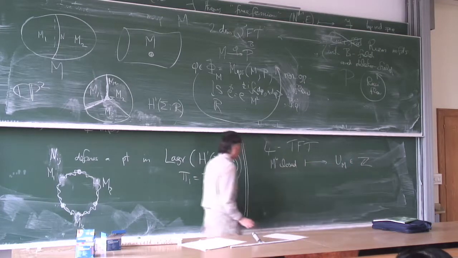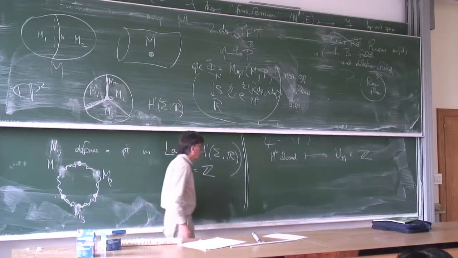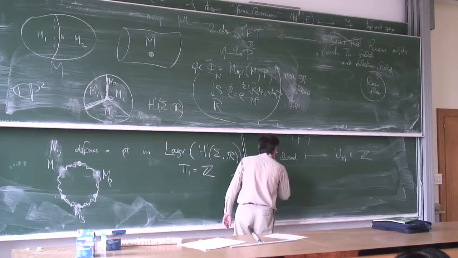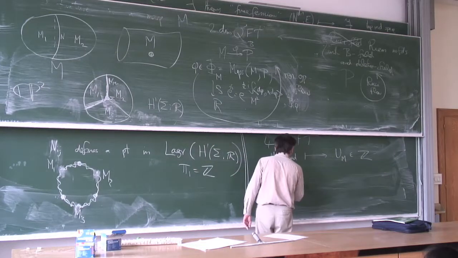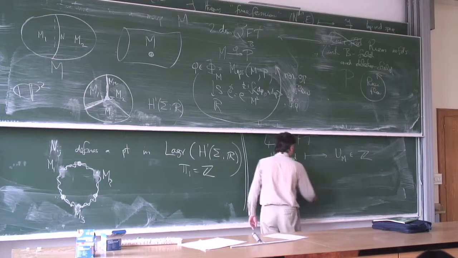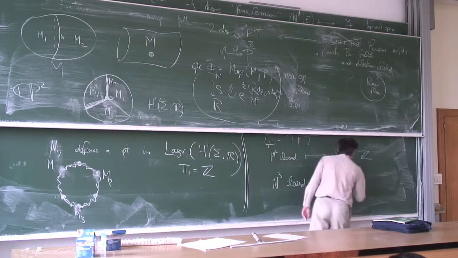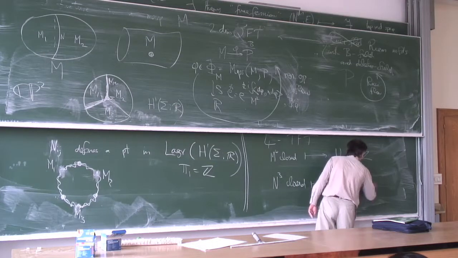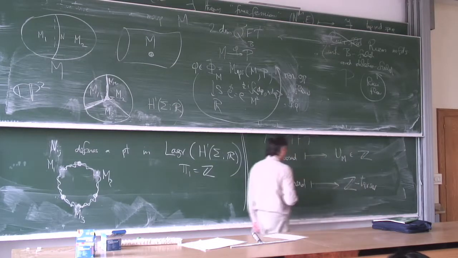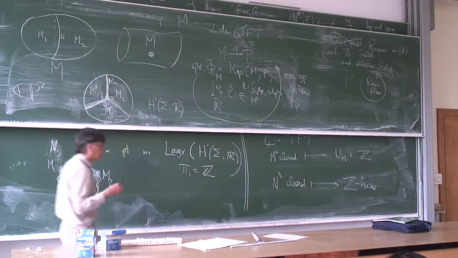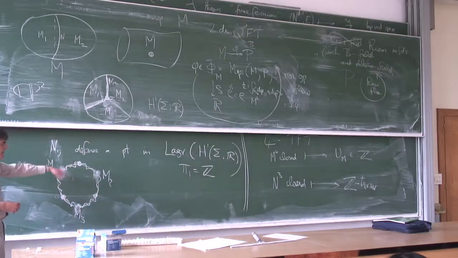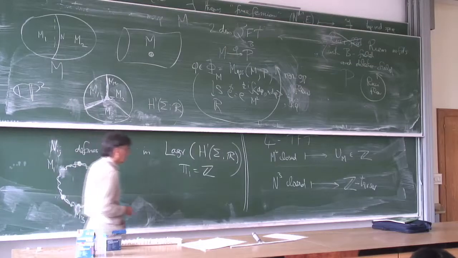So this is a more additive version of what we usually say. Now to a three-dimensional closed thing, I want to associate a Z torsor, the principal homogeneous space for the integers, so an affine copy of Z in that fundamental group.